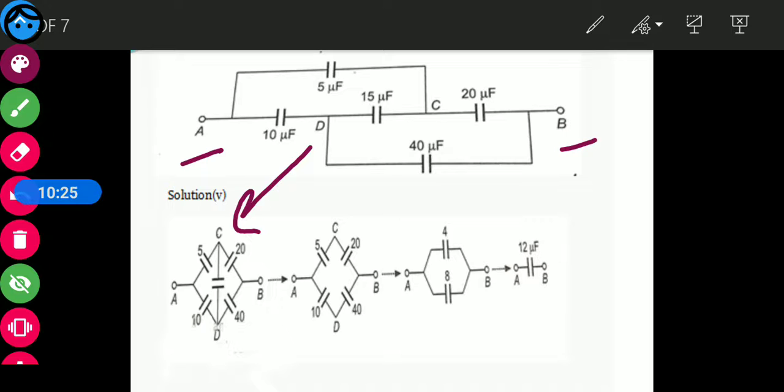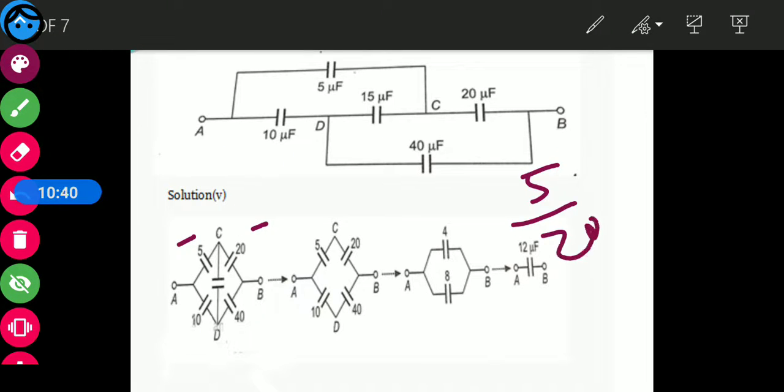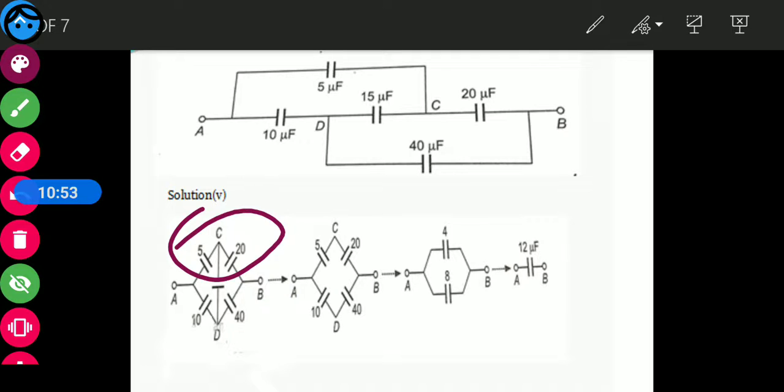Now here we are going to use a very important result, the Wheatstone bridge result, which we will study in the next chapter, but we will use it here. Since the ratio of 5 upon 20 is equal to 10 upon 40, that is 1 by 4, the ratio of the two arms AC and BC is equal to the ratio of AD and BD.